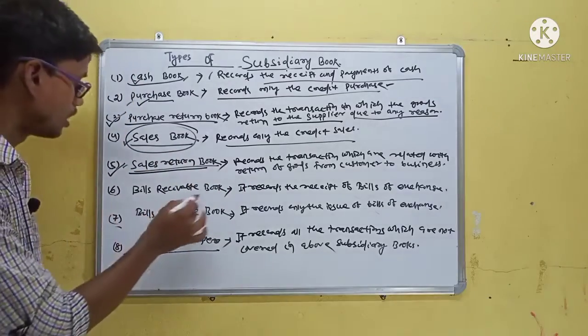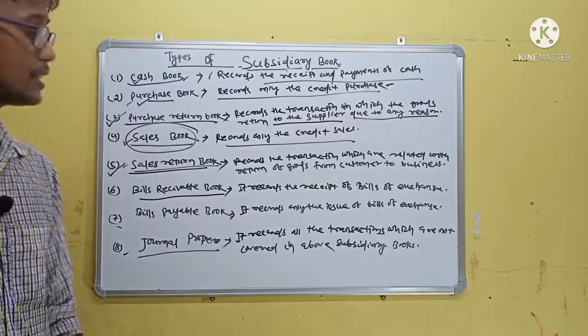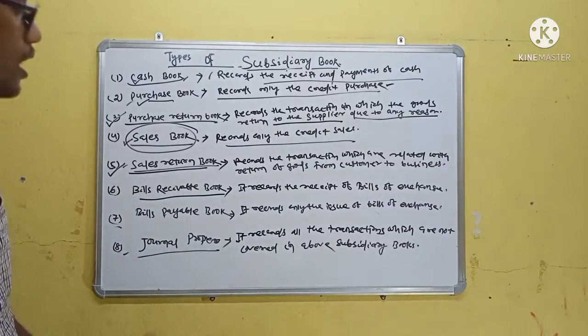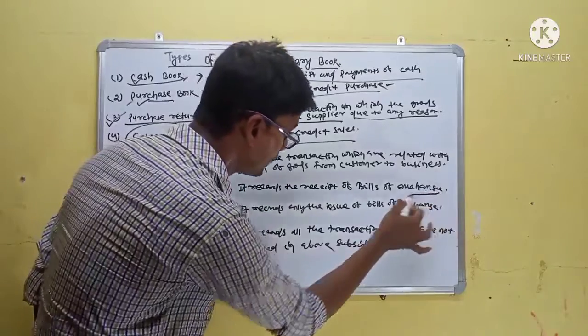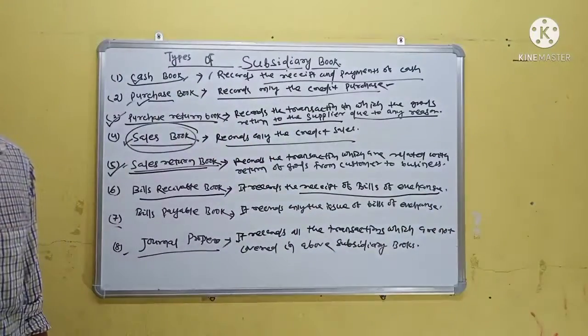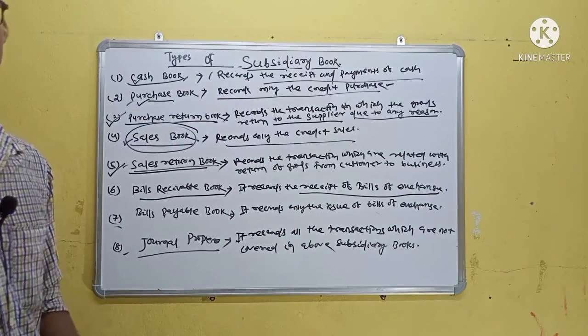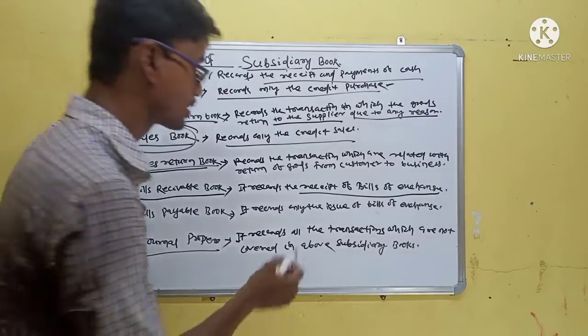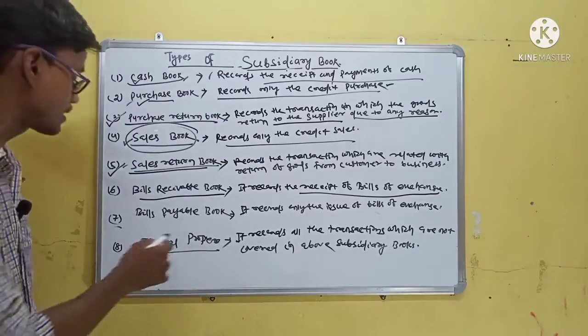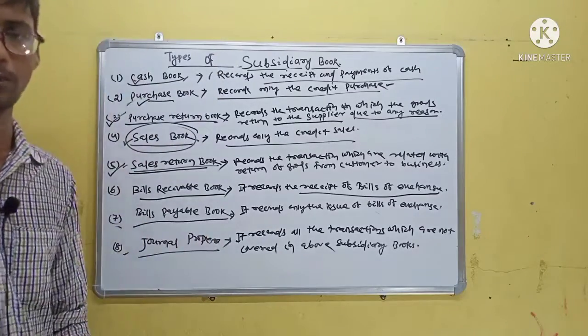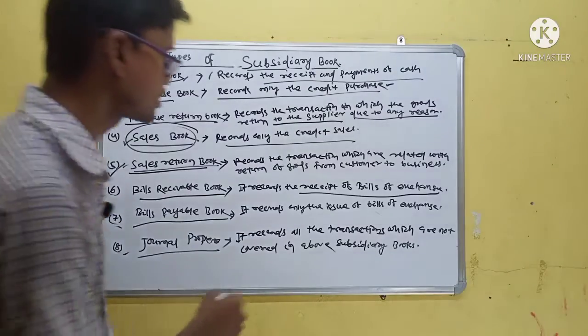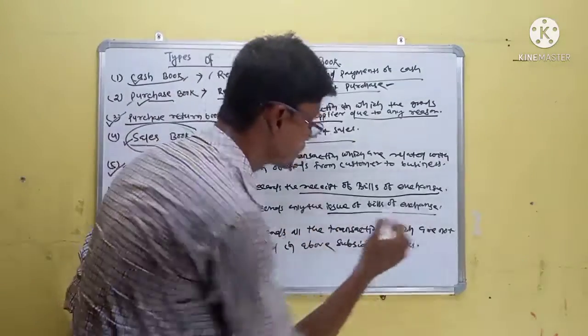And next is the bills receivable book. It records the receipt of bills of exchange. And next is the bills payable book. It records the issue of bills of exchange.